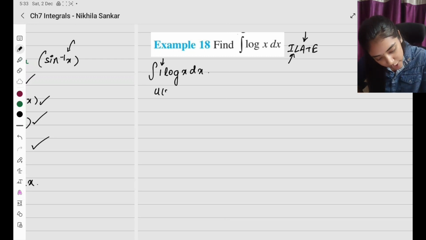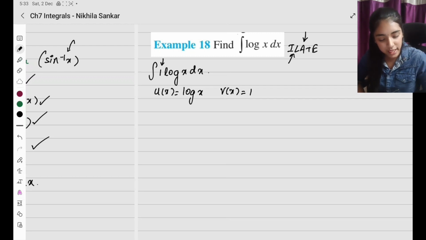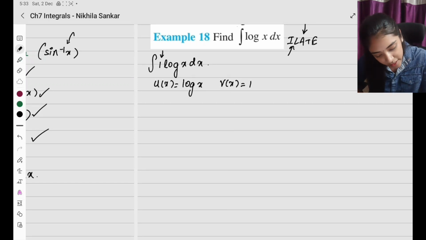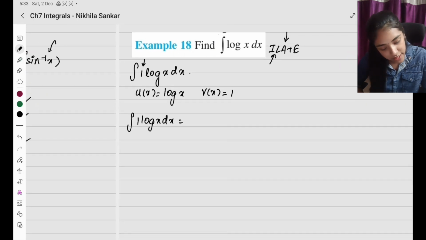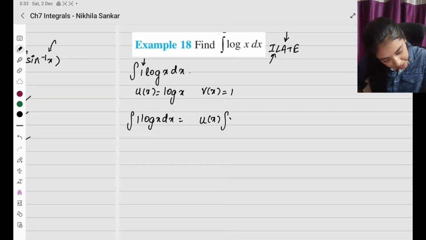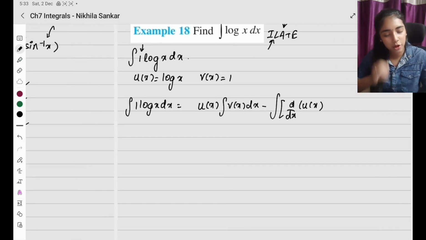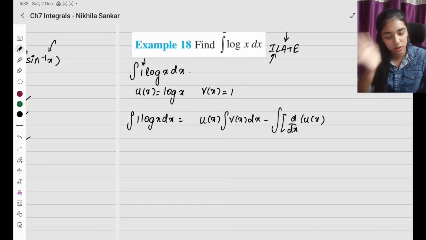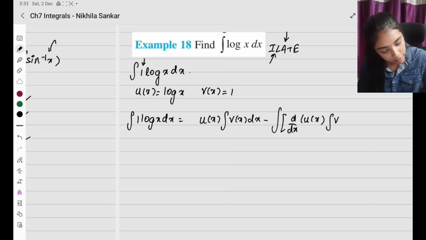So I have u of x to be log x and v of x to be 1. You need two functions to integrate, right? So what is my formula? I'll write the formula for you. So integral of 1 times log x dx is going to be first function times integral of second function minus integral of, open the brackets, d by dx of the first function times integral of v of x dx, the whole integral.